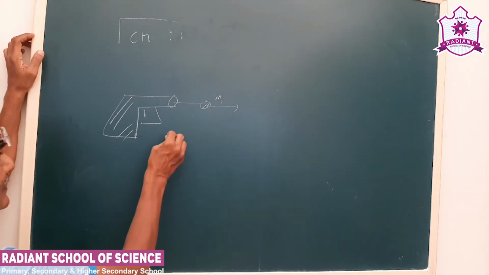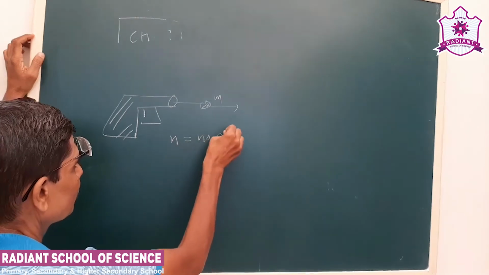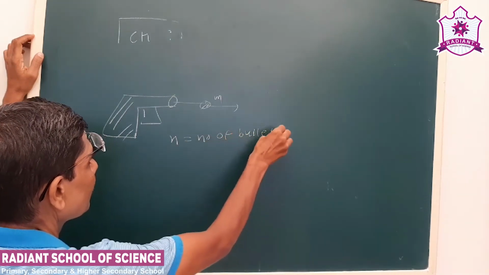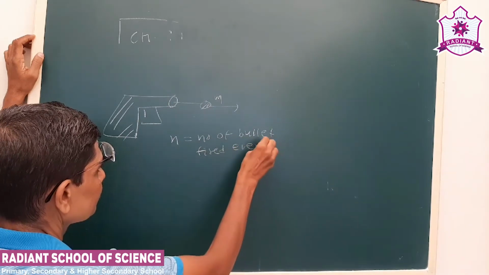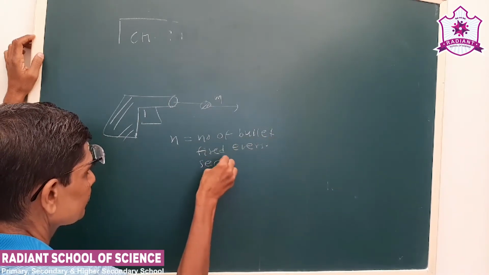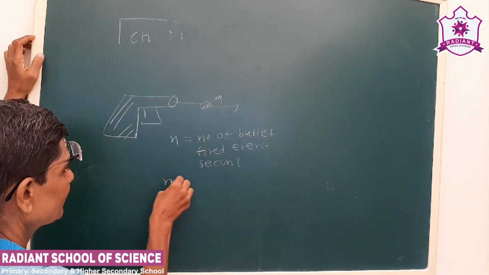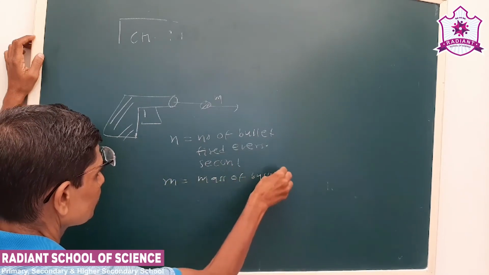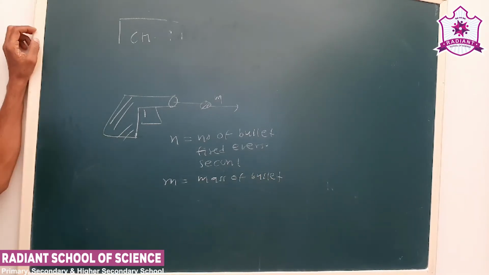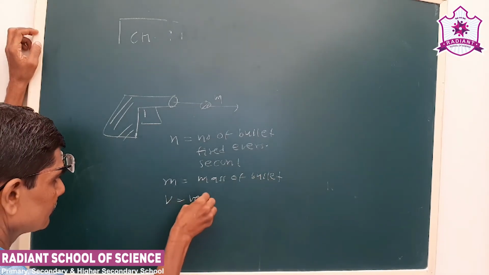So many times it is like this. Let us say n is the number of bullets fired every second. M is the mass of the bullet. And V is the velocity.